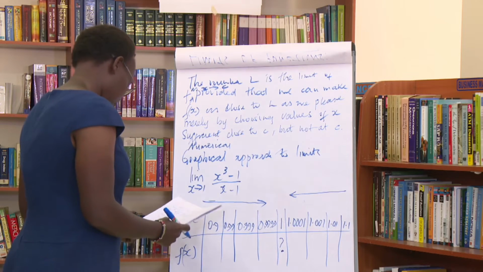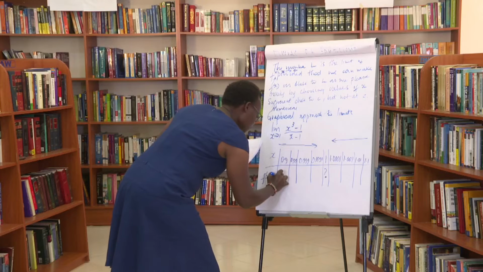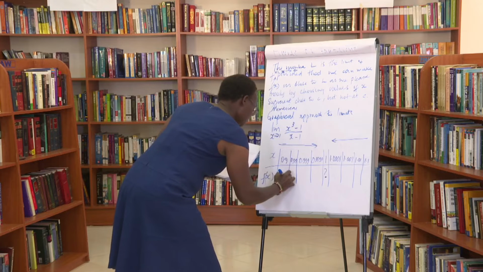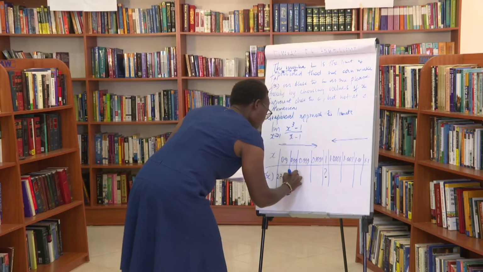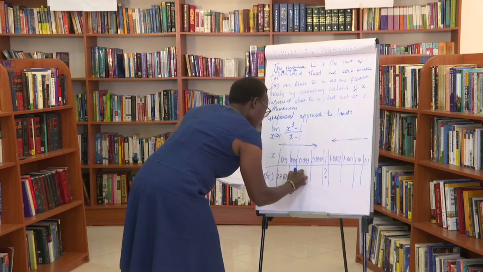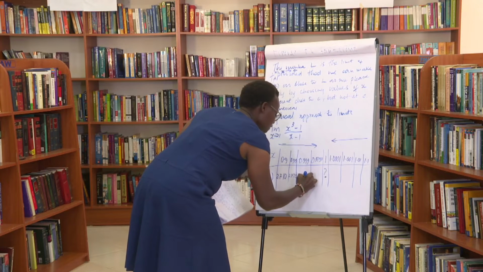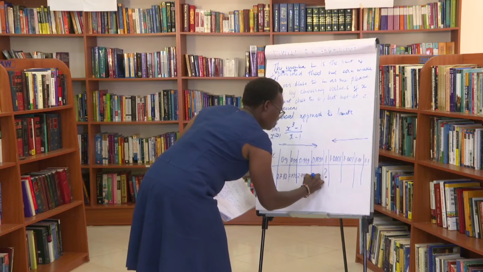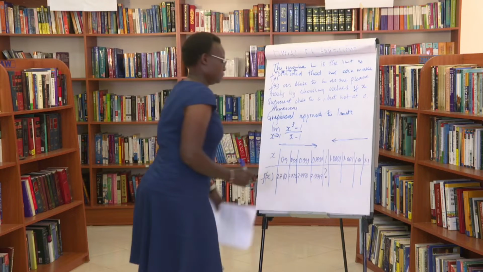So when x is 0.9, our f of x is 2.710. When it's 0.99, it's 2.970. Then here it's 2.9970. Then 2.99970.